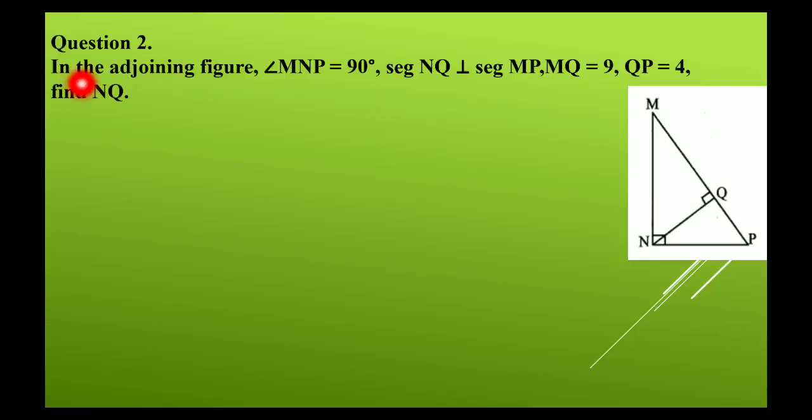Question number 2. In the adjoining figure, angle MNP is 90 degrees. NQ is perpendicular to MP, where MQ is equal to 9 and QP is equal to 4.